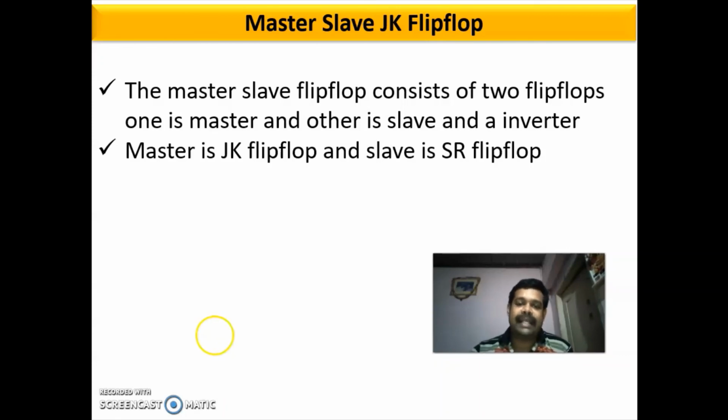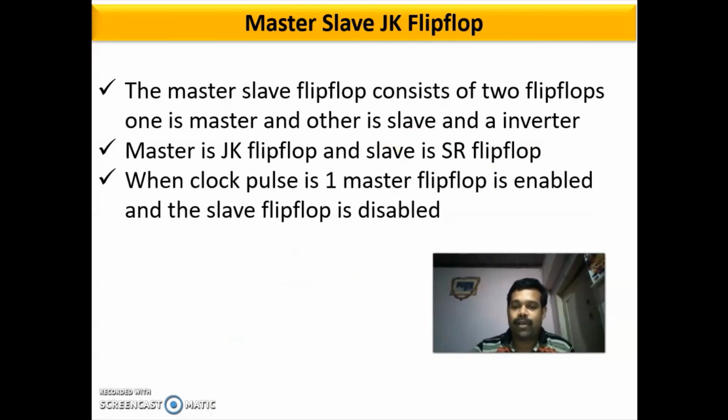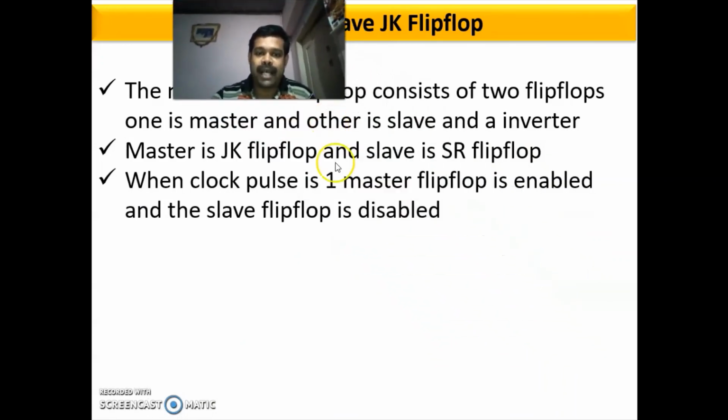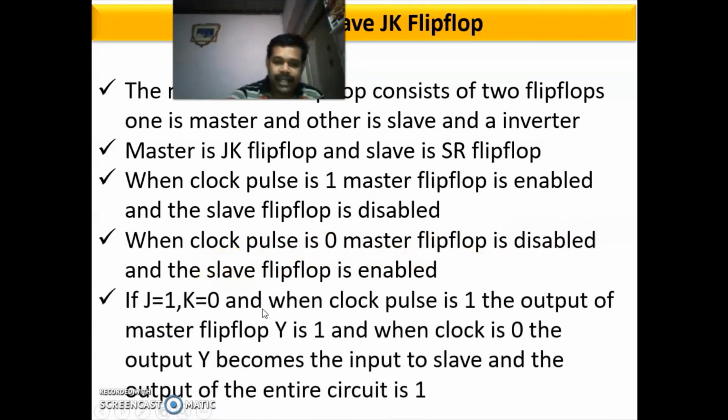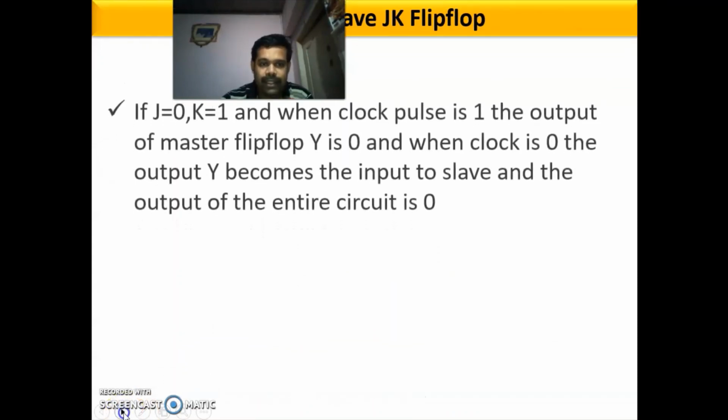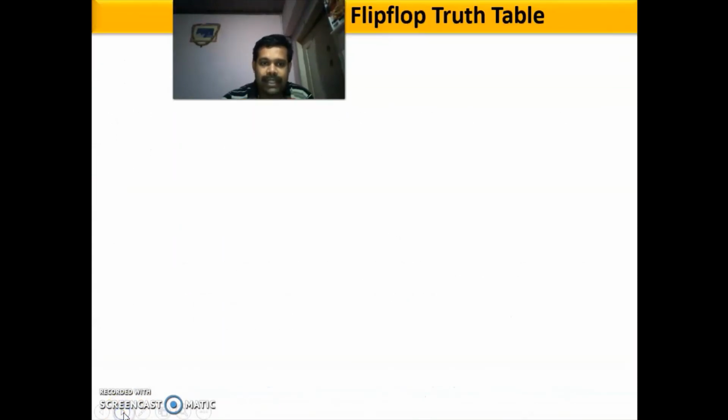The master is a JK flip-flop and the slave is an SR flip-flop. When the clock pulse is 1, or high, the master flip-flop is enabled and the slave flip-flop is disabled. Similarly, when the clock is 0, the master flip-flop is disabled and the slave flip-flop is enabled. When J is equal to 1 and K is equal to 0 and the clock pulse is 1, I will show the diagram first and then I will explain.